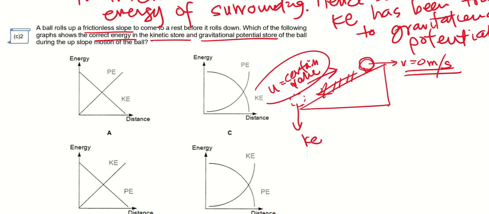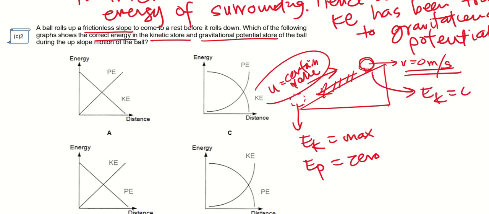So at the bottom, the energy in the kinetic store is maximum. EK is maximum, but at the bottom of the slope, the energy in the gravitational potential store is 0. But at the top, EK is 0 because the velocity is 0. It stopped momentarily, but EP is max. So you see that there is a transfer of energy from EK to EP, right?